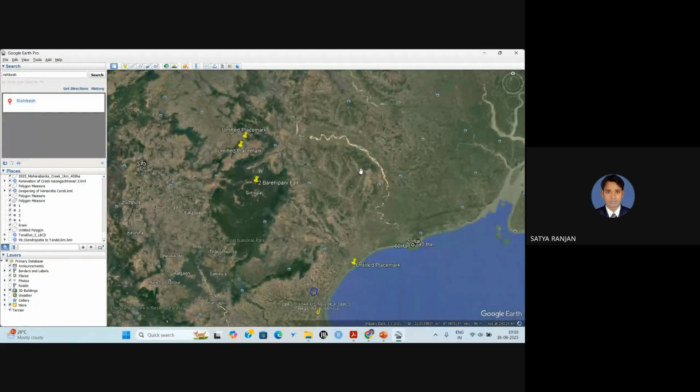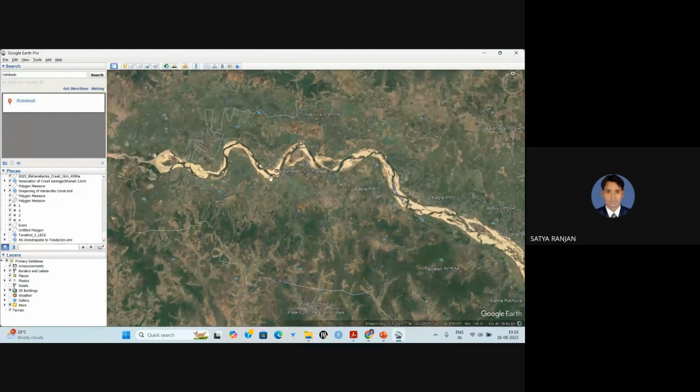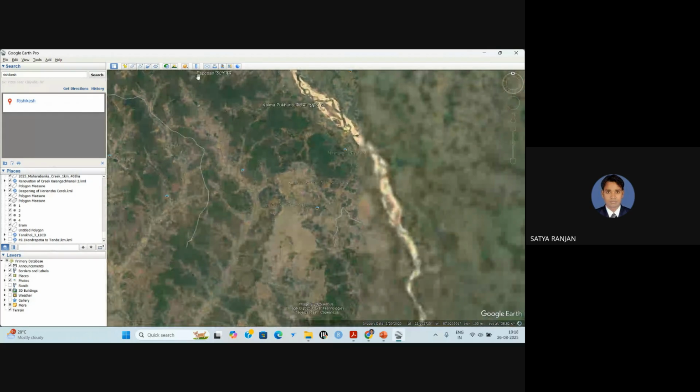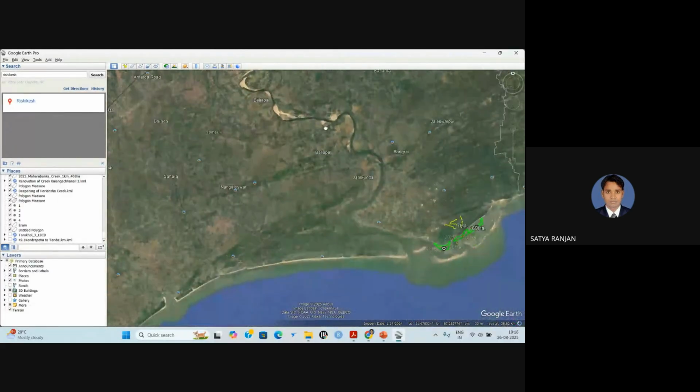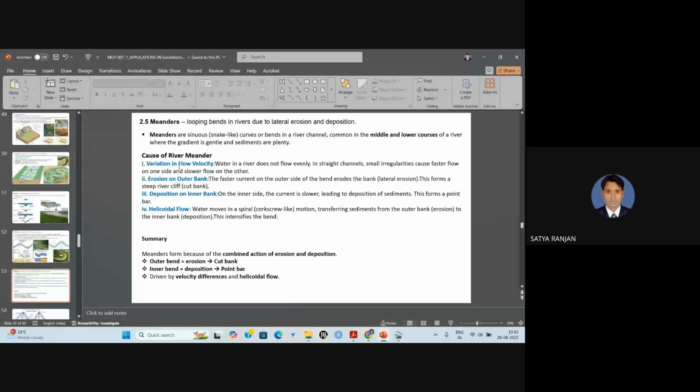Suppose there is the Subarnarekha river, so it is straight. This is the meandering of the river in the lower areas, also a largely meandering river. This is the last part of the meandering, and this is another river.